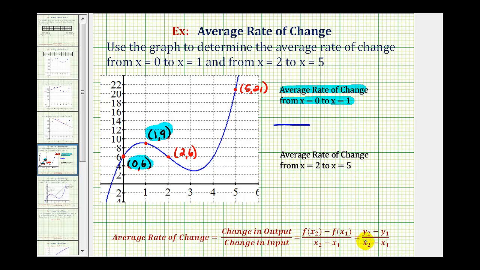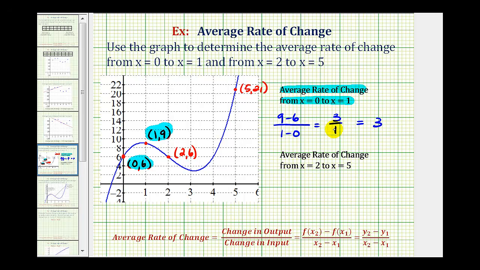And referencing our formula, we'll call this x sub 1, y sub 1, x sub 2, and y sub 2. So to find the change in the function values or y values, we'd have 9 minus 6 divided by 1 minus 0. So we'd have 3 over 1, which simplifies to 3. So the average rate of change is equal to 3.